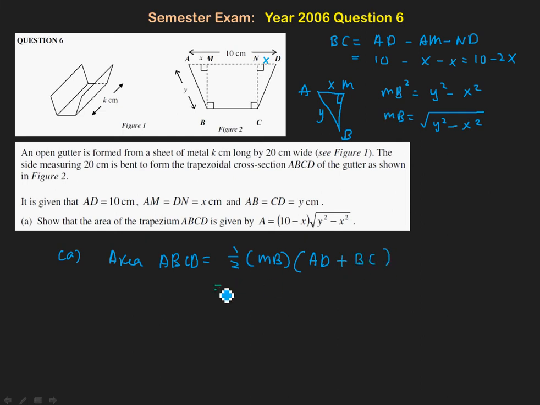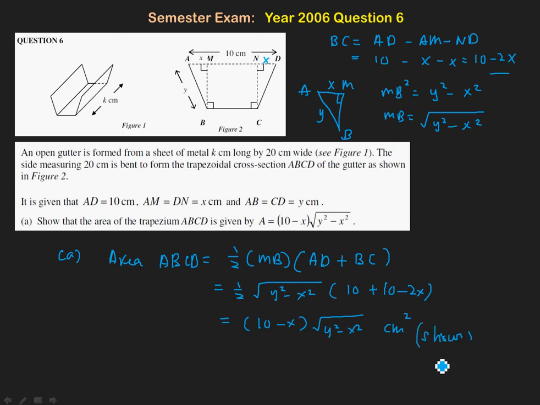So we have half, square root of y squared minus x squared, and AD is 10. BC is right here, 10 minus 2x, and so in other words we get (10 minus x) times the square root of y squared minus x squared in cm squared. This is shown.